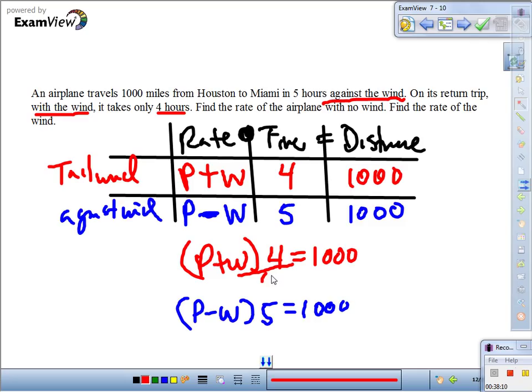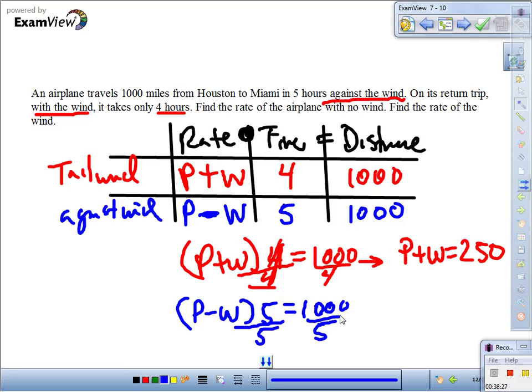We divided by 4, divided by 4. Therefore, we're left with P plus W equals 250. If we did that for that one, what do we do for the bottom one? Divide by 5, divide by 5. So we end up with what? P minus W equals 200.